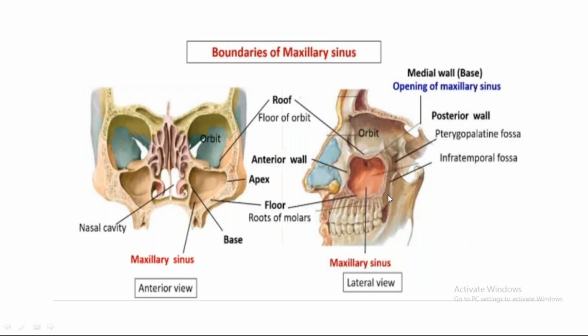Here the floor you can see is related to the alveolar arch of the maxilla. So this is how, sometimes, particularly the third molar root goes very deep into the wall of the maxillary sinus, and in some instances the bone is dehiscent and is just covered by a mucosal lining.